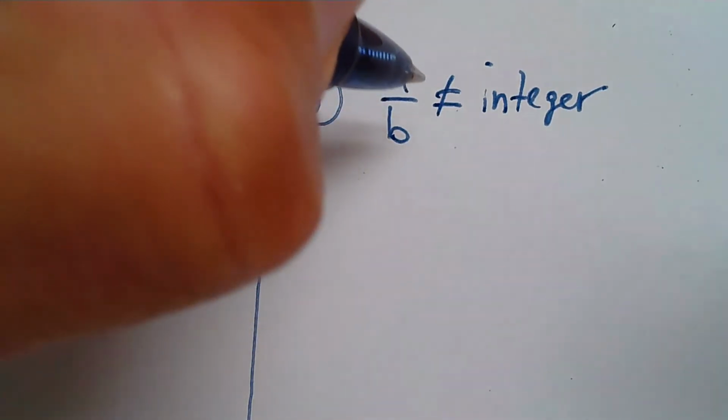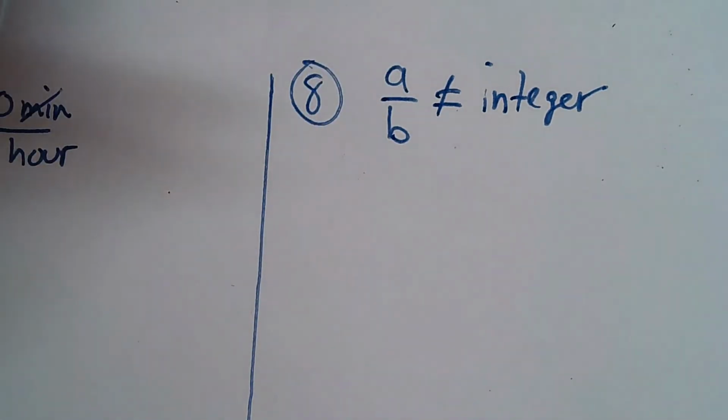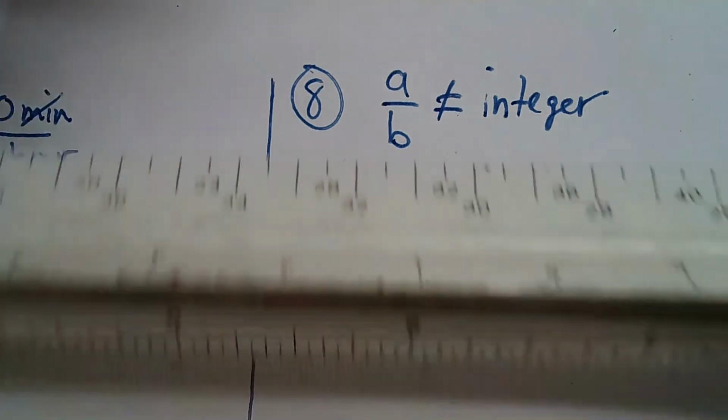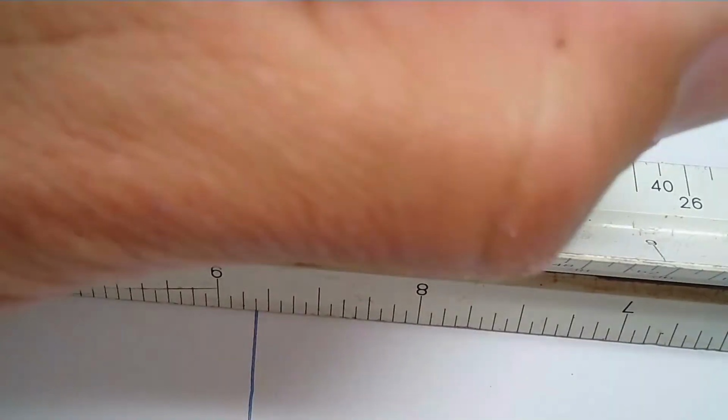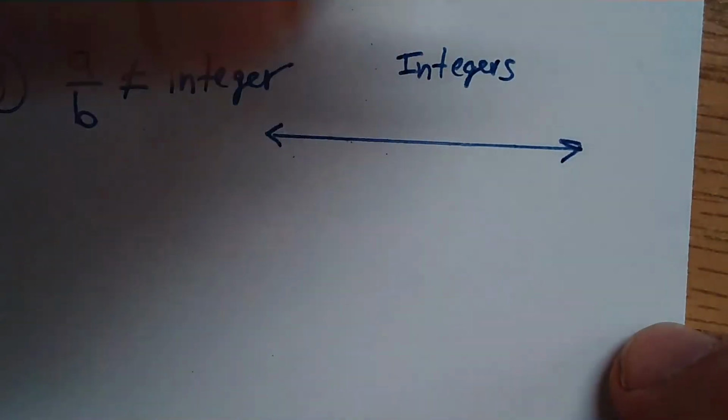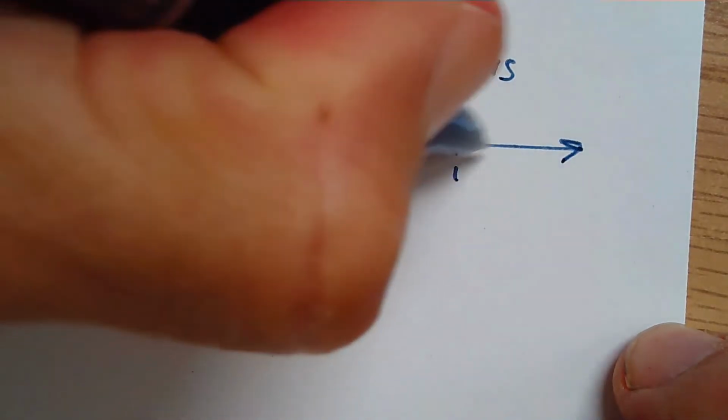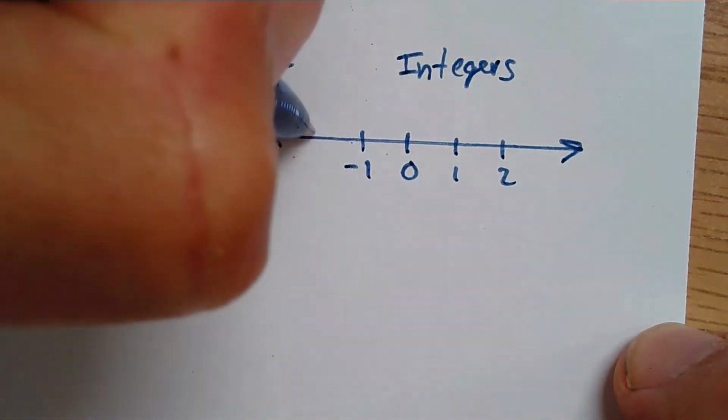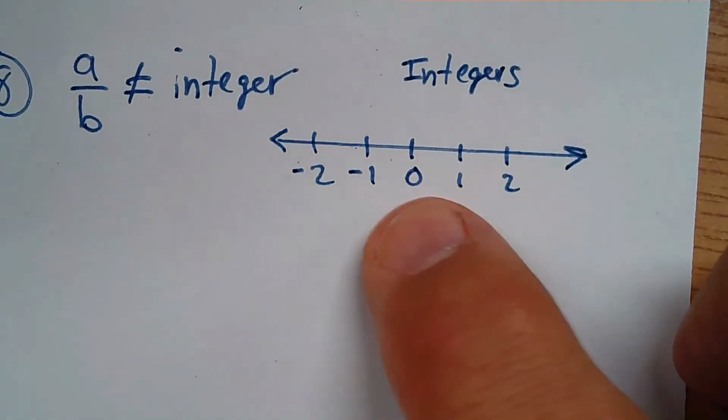So take an integer. Integers are all these positive and negative numbers, those numbers on the number line like 0, 1, 2, -1, -2, and so on. These are all integers here.